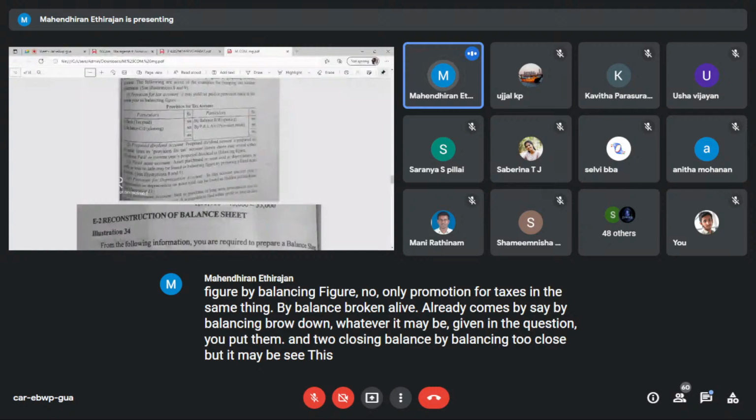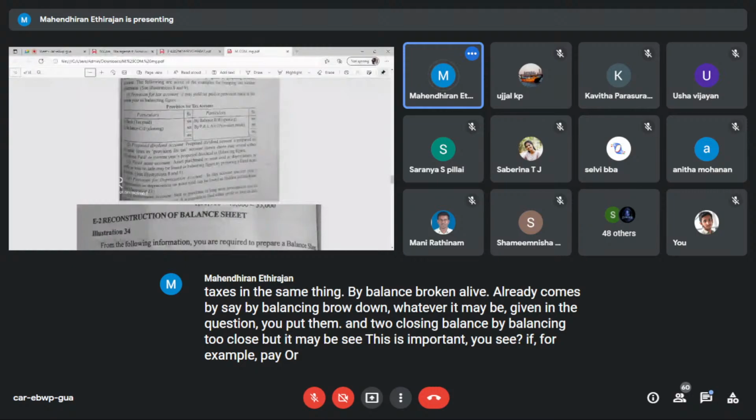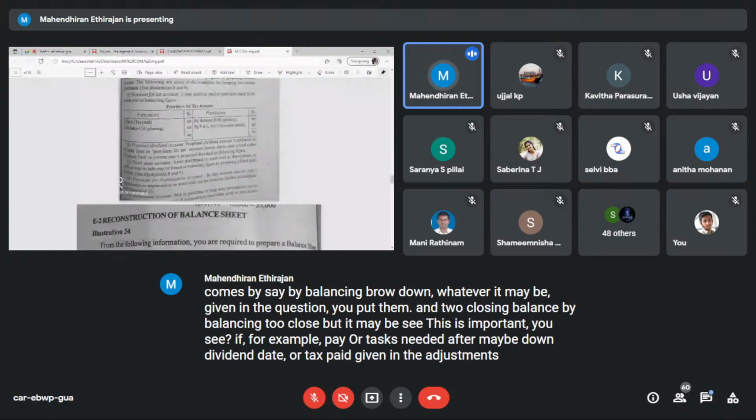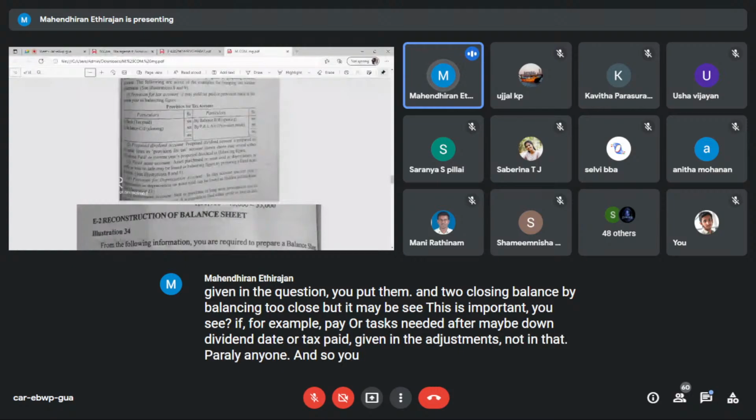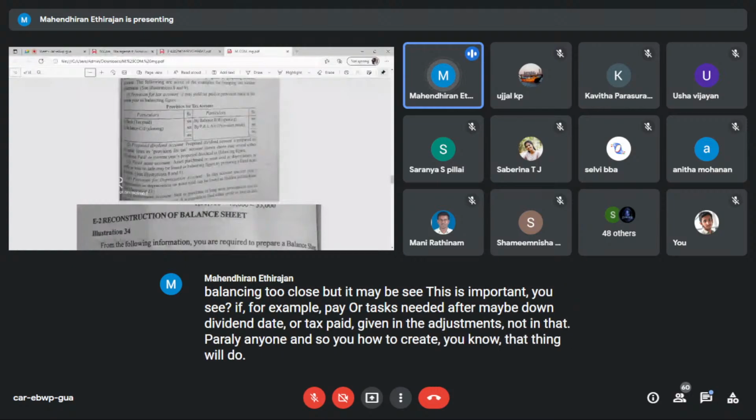This is important. If, for example, dividend paid or tax paid is given in the adjustments, note it down. Not in any paragraph, but in the adjustments. When it says paid, the matter is over. These will be shown only on the application side.